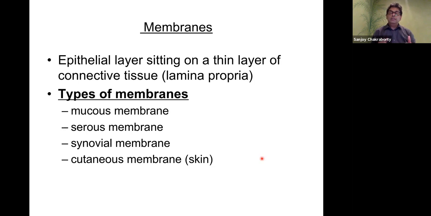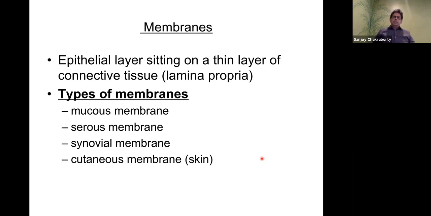Now what they do, they secrete a fluid. That secretion is called serous fluid. Basically, they reduce the friction between 2 organs. Let's say I'm sitting down doing this video, and once the video is over, I'll stand up and run downstairs, for example.